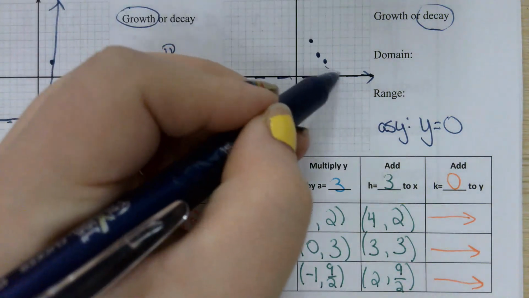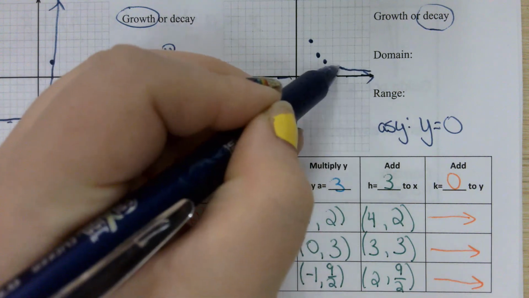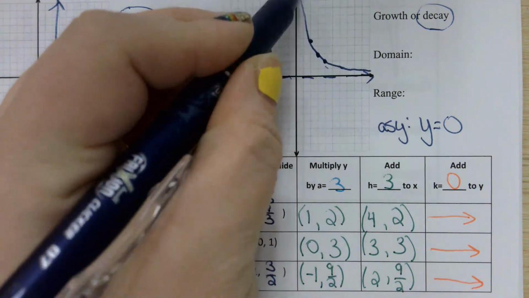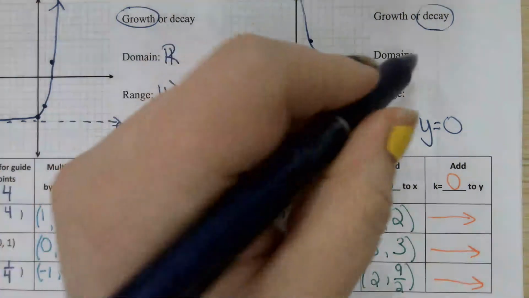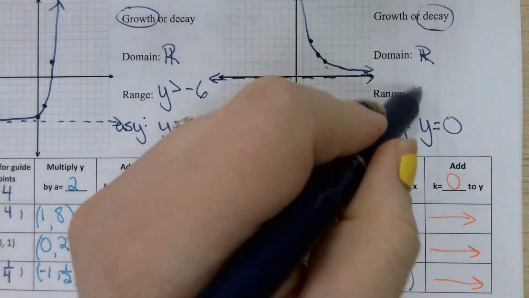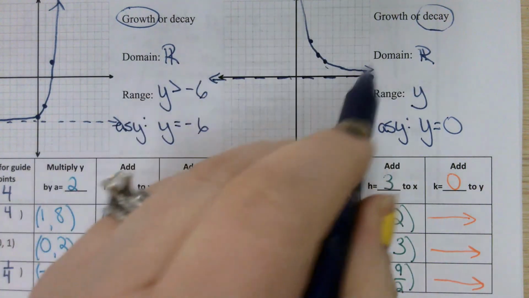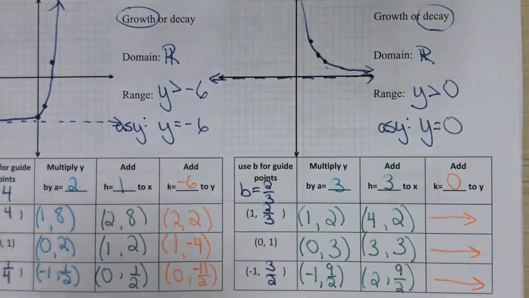So it's trending downwards, so it's going to move along the asymptote over here and go up through our points. Domain, all real numbers, because it's an exponential. And the range, y is, since it's on top of the asymptote, greater than our k value, which is 0.